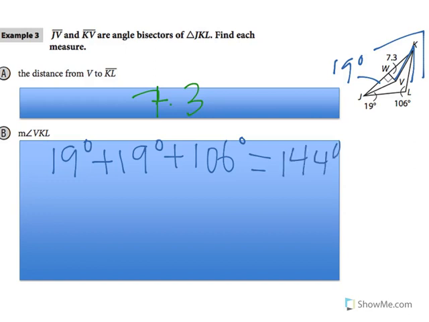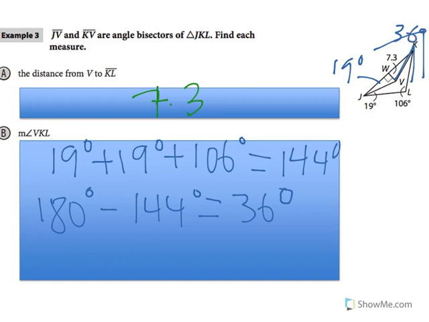To solve for the larger angle, we do 180 minus 144, so this gives us 36 degrees. But we're looking for the measurement of VKL, which is half of that, so 36 degrees divided by 2 gives us 18 degrees.